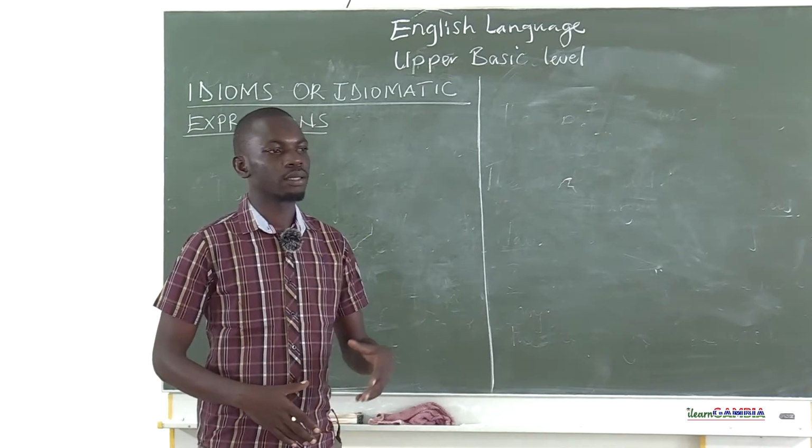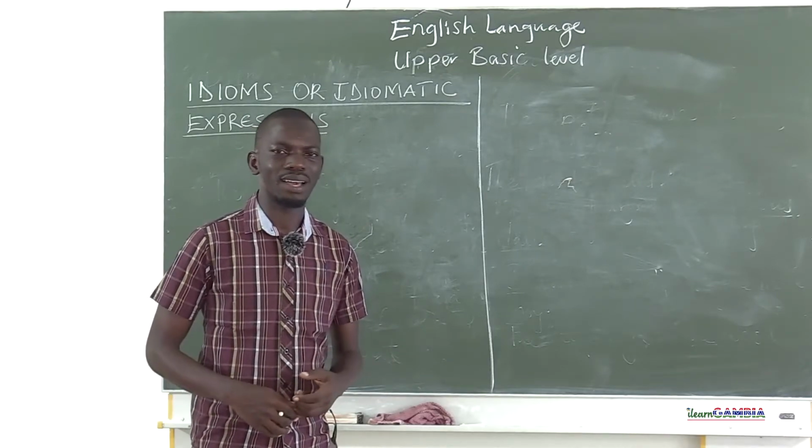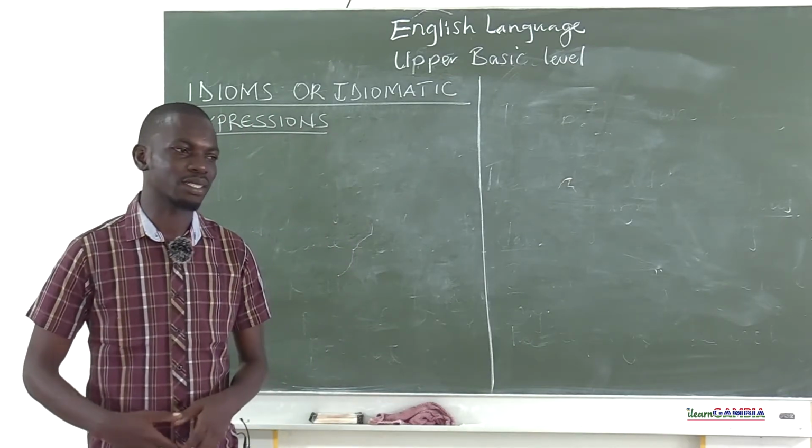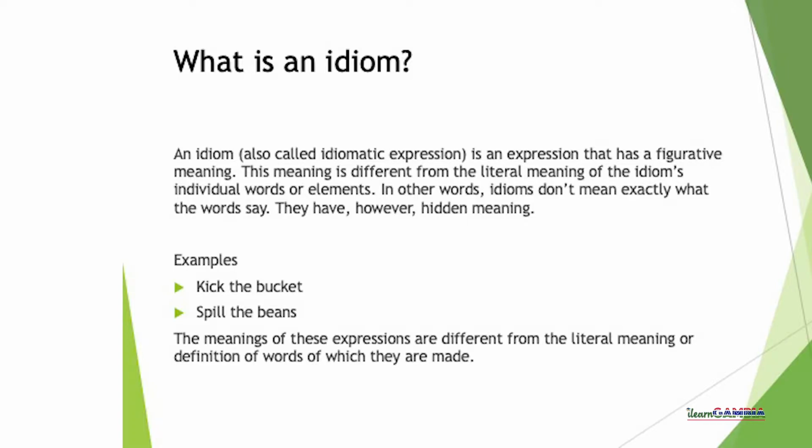All right. So when we ask what an idiom is, what is an idiomatic expression? An idiom, or also called idiomatic expression, is an expression that has a figurative meaning. This meaning is different from the literal meaning of the idiom's individual words or elements.